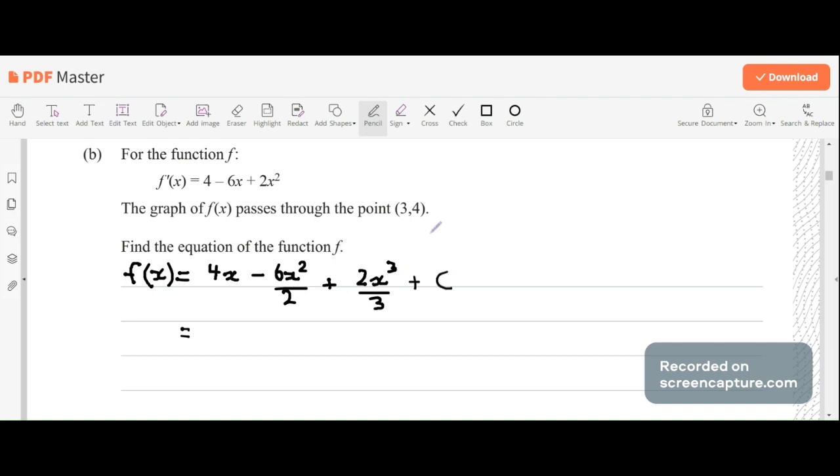Okay, following that, now we need to substitute in our y or f of x value and our x value, and then we should be able to figure out what c is. So our f of x is 4.